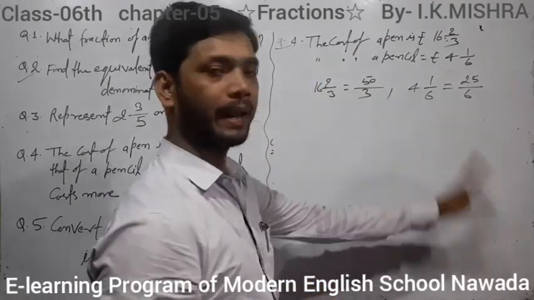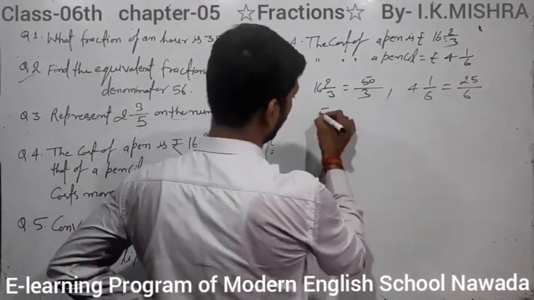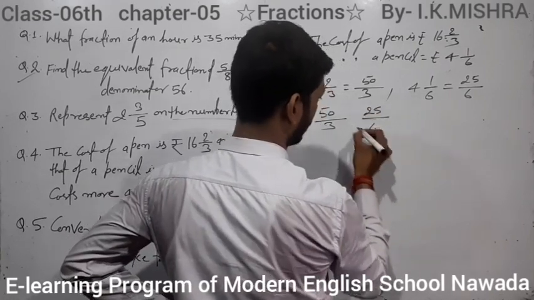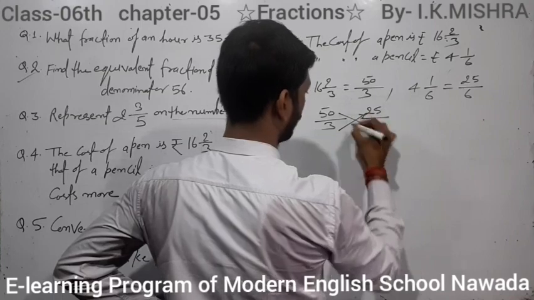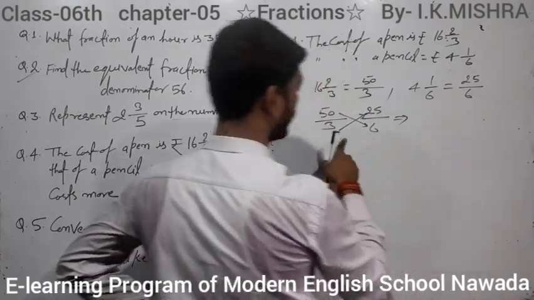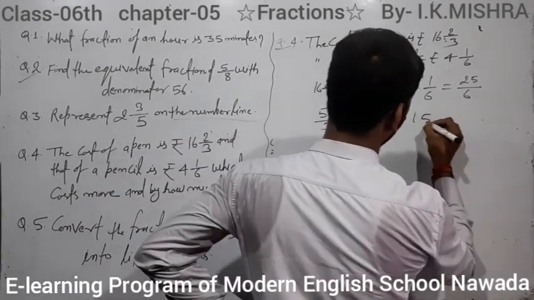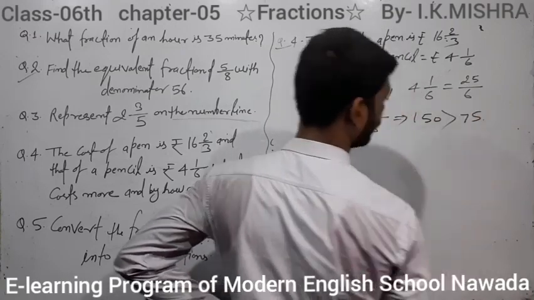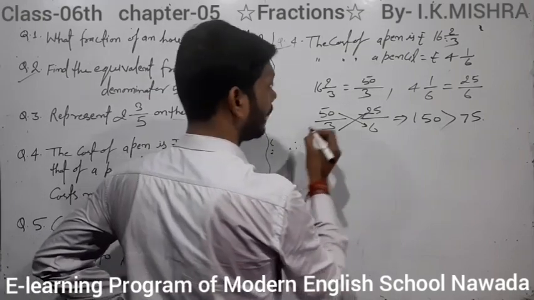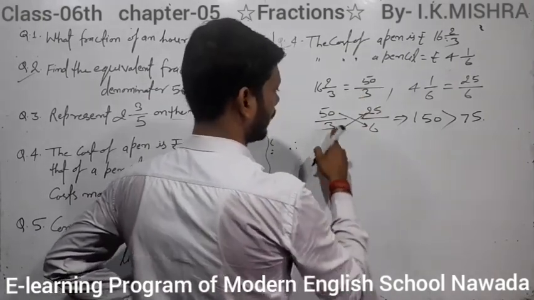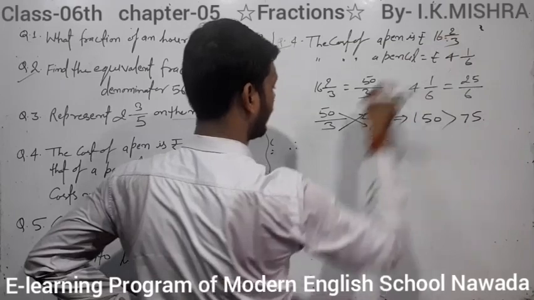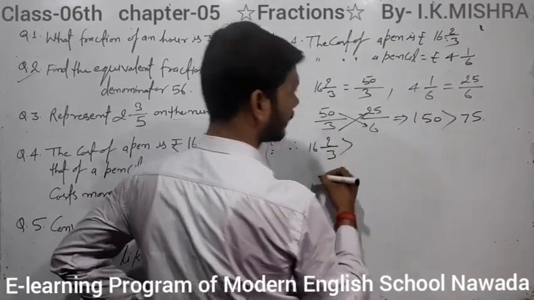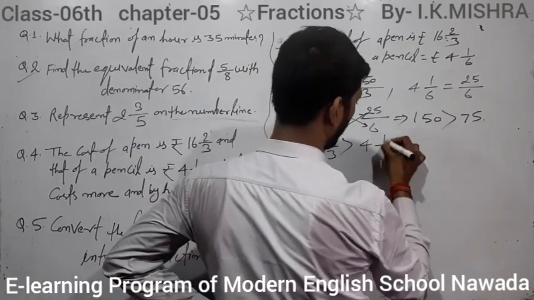Students, for comparing, cross multiply 50 by 3 and 25 by 6. First of all do cross multiplication. That means 150 and 75. Friends, 150 is greater, so 50 by 3, which means 16 whole 2 by 3, is greater than 4 whole 1 by 6.